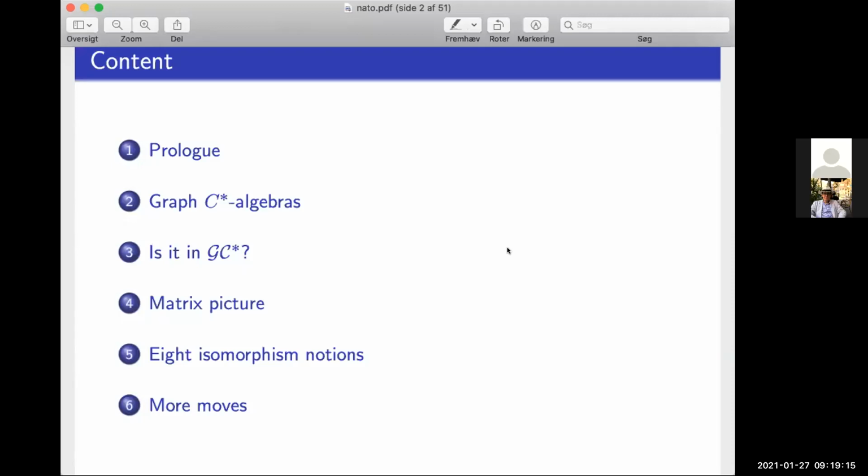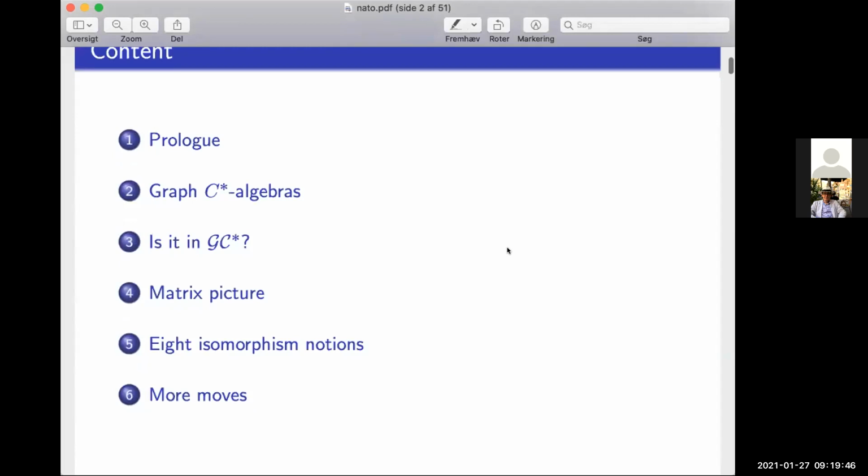And then you could ask the question, not only are the sister algebras isomorphic, but are they isomorphic in a structure preserving setting? This is an extremely interesting problem, I think, but also a very hard problem, and I only have partial information. And this comes through the idea of moves that I'm suppressing a bit. Many of you, I'm sure, have heard me talk about moves because I've talked a lot about moves, but they will come later in the talk.